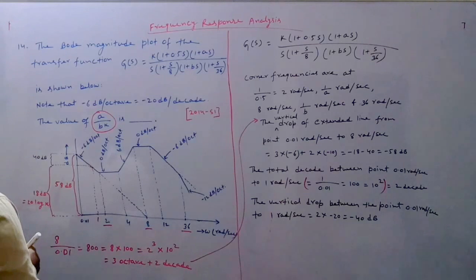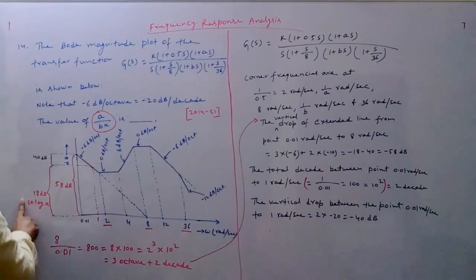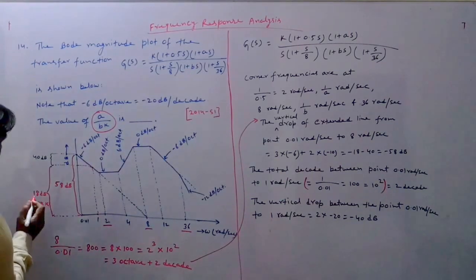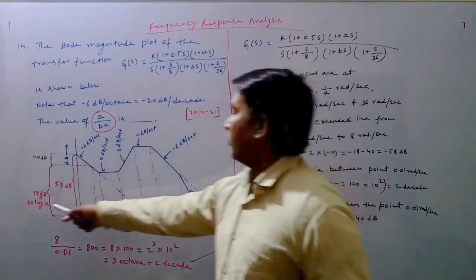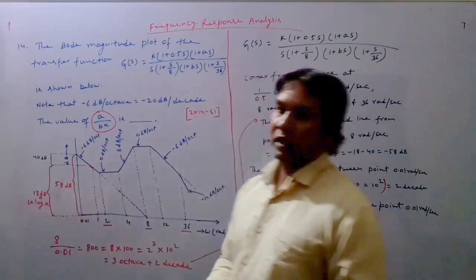Now it is clear to all of you why this 20 log k is equal to 18 dB.